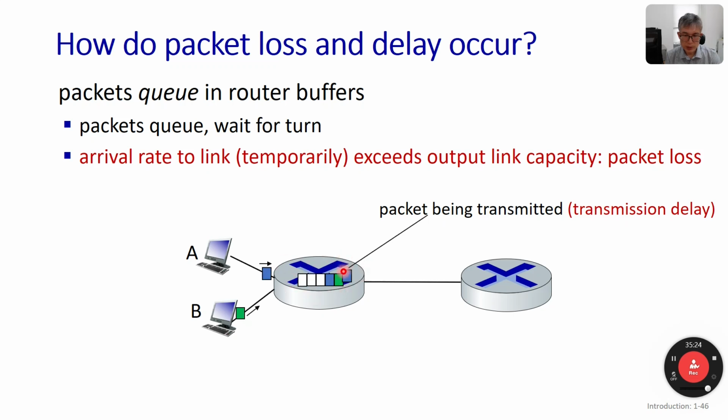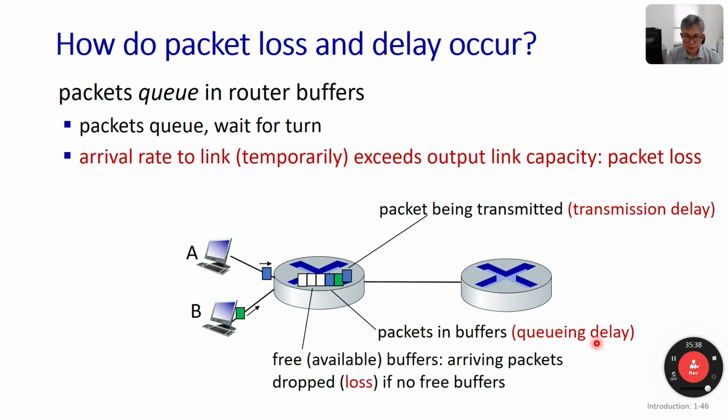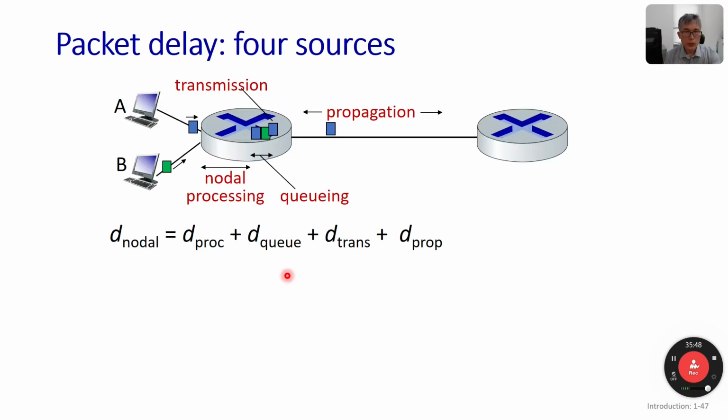If there is no room, packets are randomly dropped. It also experiences queuing time, meaning transmission delay happens here. Packets in the buffer also experience queuing delay. So there are transmission delay and queuing delay. If there is no free buffer, the packet should be dropped, so packet loss happens.